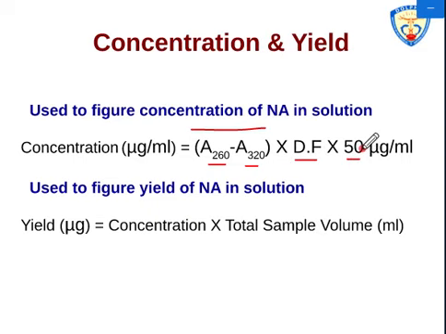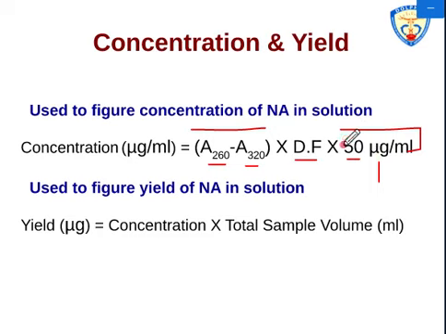So a pure double-stranded DNA molecule of concentration 50 micrograms per ml gives us the absorption value of 1 unit. So this is the standard that we are taking here: a pure double-stranded DNA molecule of 50 micrograms per ml, where the absorption value at 260 nanometers is 1 unit.